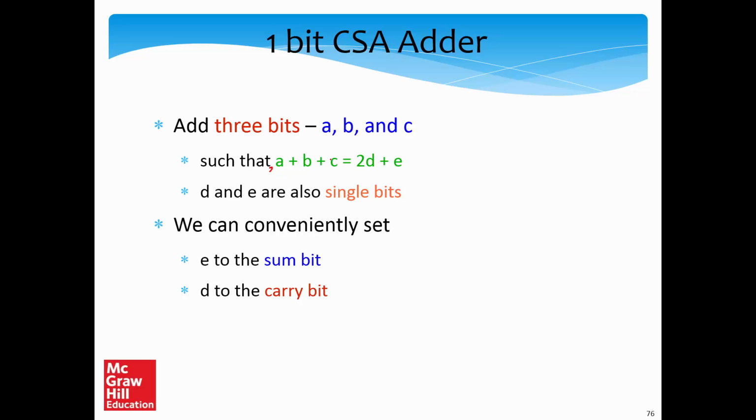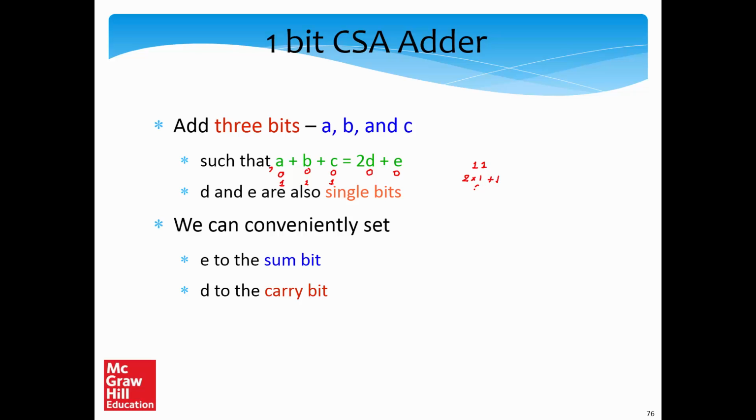Let us consider the smallest values of A, B, and C and the largest values. The smallest values are 0, 0, and 0. So we'll have D as 0, where the sum is 0, and we'll have E as 0. If we consider the largest values, which are 1, 1, and 1, then the sum is 1 plus 1 plus 1, which is 3, which is binary 11, which is equal to 2 times 1 plus 1.